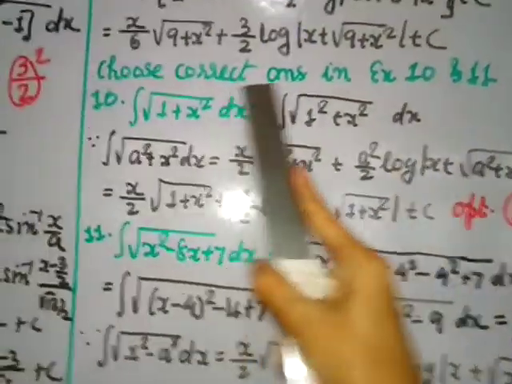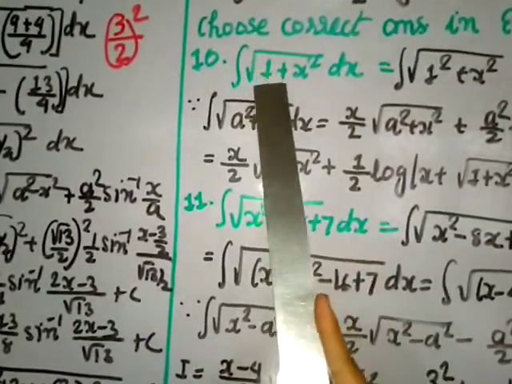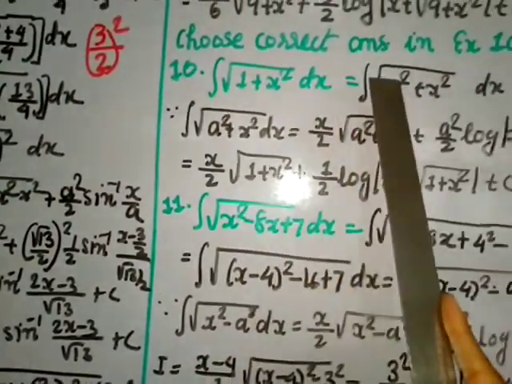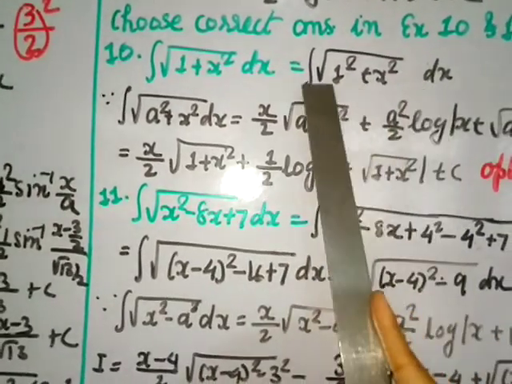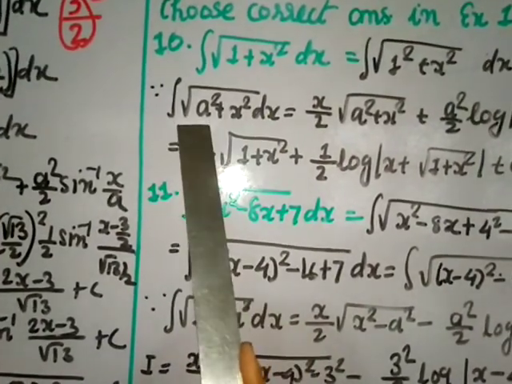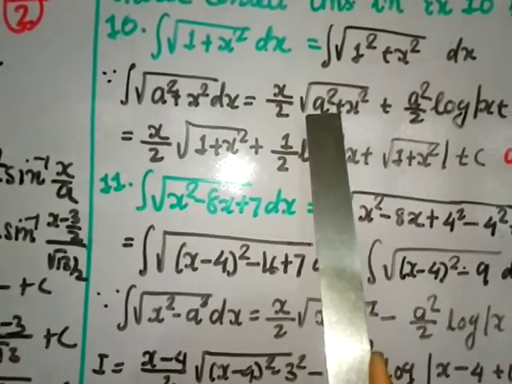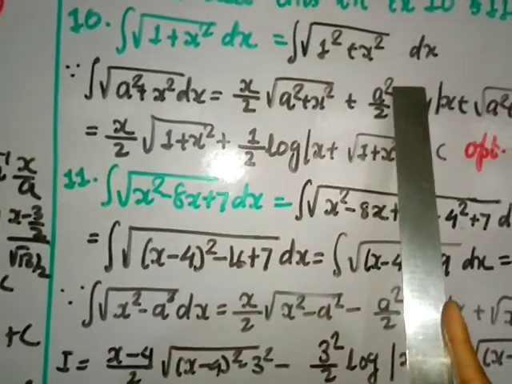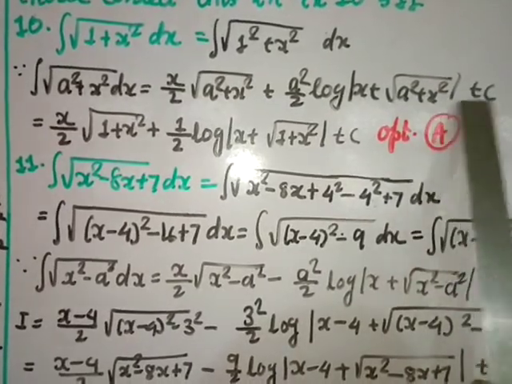Choose correct answers in question 10 and 11. So question number 10, integral square root of 1 plus x square dx. 1 can be written as 1 square. So integral square root of 1 square plus x square dx. So this is a and x. This is the identity: integral square root of a square plus x square dx gives you x by 2 square root of a square plus x square plus a square by 2 log x plus square root of a square plus x square plus c.